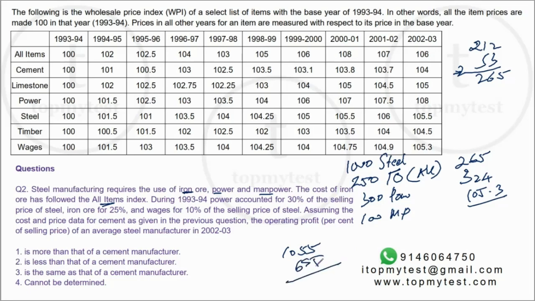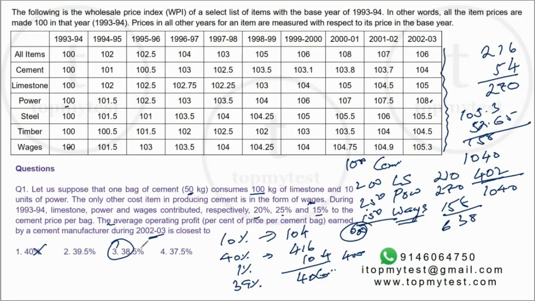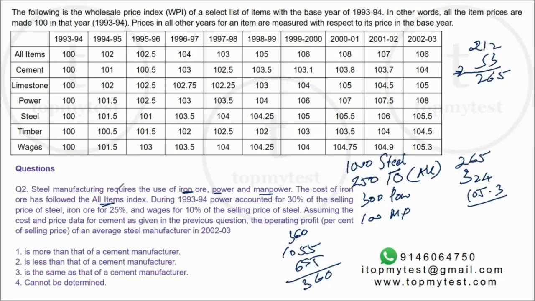So your profit is 360. Your profit is about 360. 360 on 1000, that's less than 36%, whereas here it is 38.5%. So the profit on steel is lesser than that of cement. Option 2 will be our correct choice.